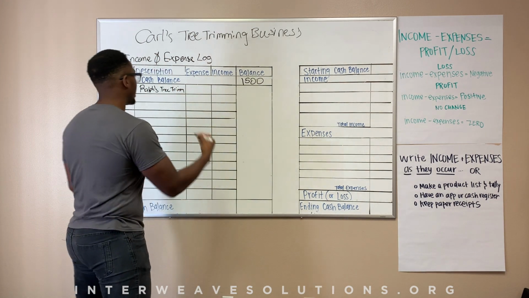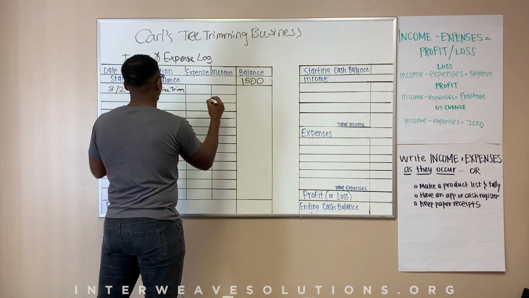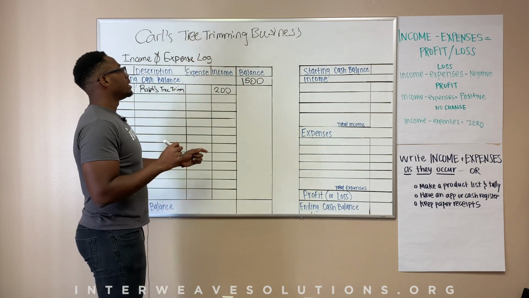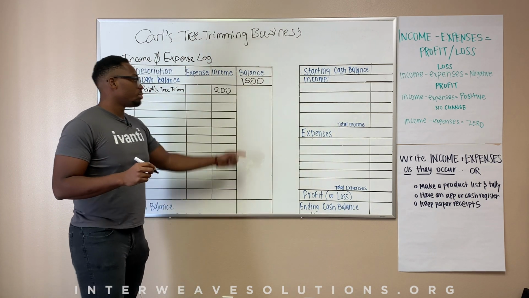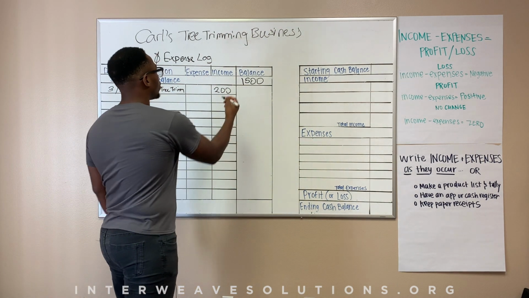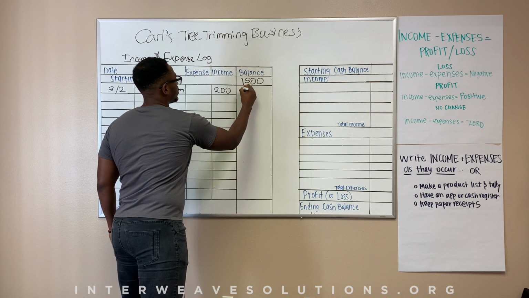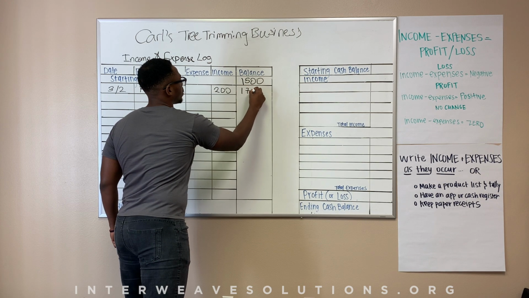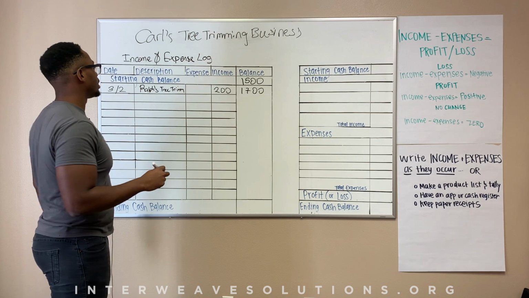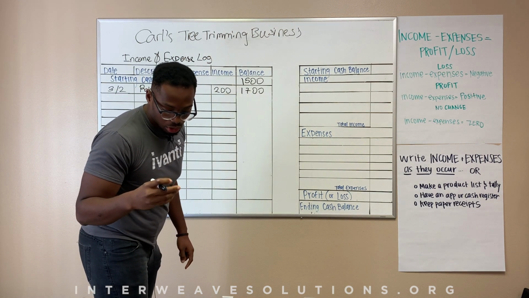So it goes under the income column, and Ralph paid me $200 for doing that. We want to keep a running balance, just so we know how much is in our business. So we add the 200 to our starting balance, which ends up being 1,700. That's the business that we did for the day, the 2nd of March.